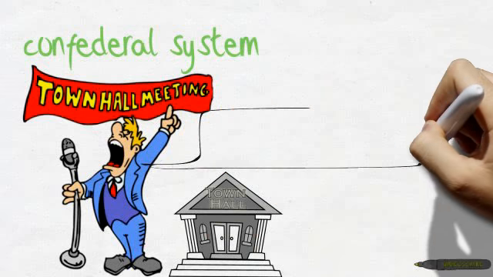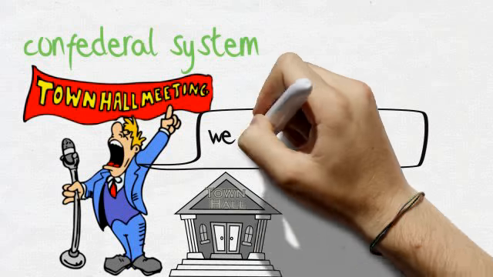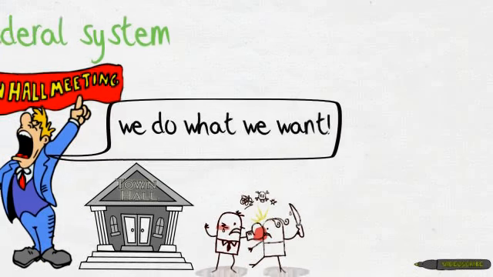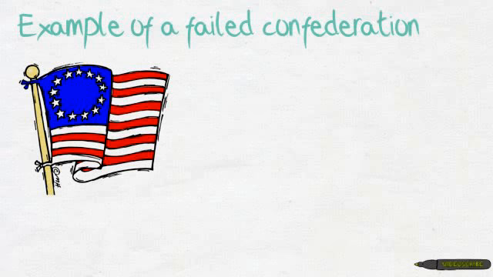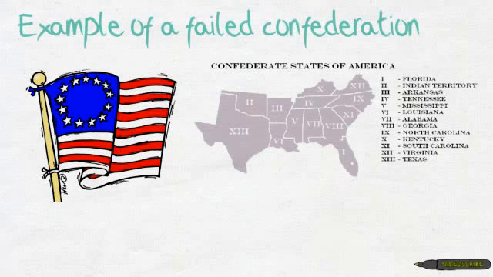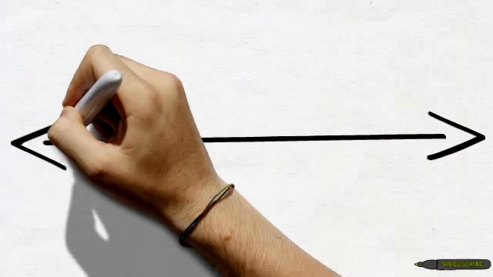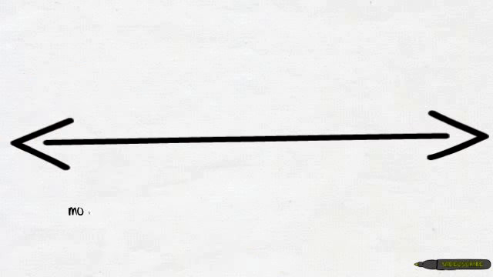A confederal system has a vast majority of political power that rests with the local governments. Local government has a great deal of freedom to do what they want, but this can often lead to conflicts. An example of a failed confederation was the United States government under the Articles of Confederation. Today, all political systems fall on a scale from the most concentrated amount of power to the least.